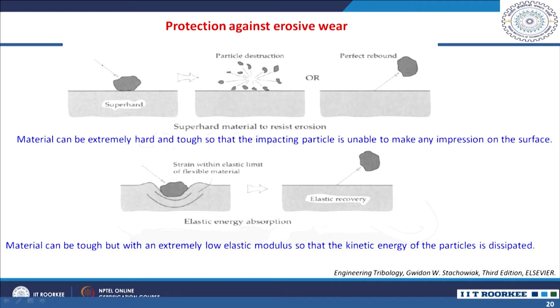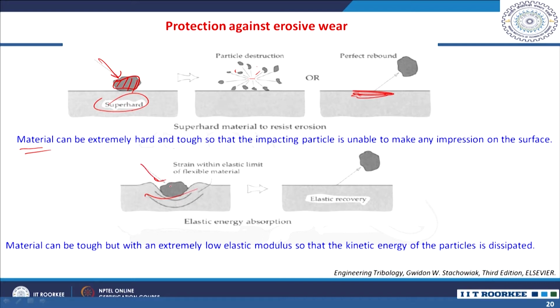The particle impinges on the super hard material, which is also tough, so the particle itself is damaged. After erosion you do not find any damage on the surface of this material. Or you can have a material which is tough, and at the same time extremely low in elastic modulus, so that all the kinetic energy of the particles is harmlessly dissipated.